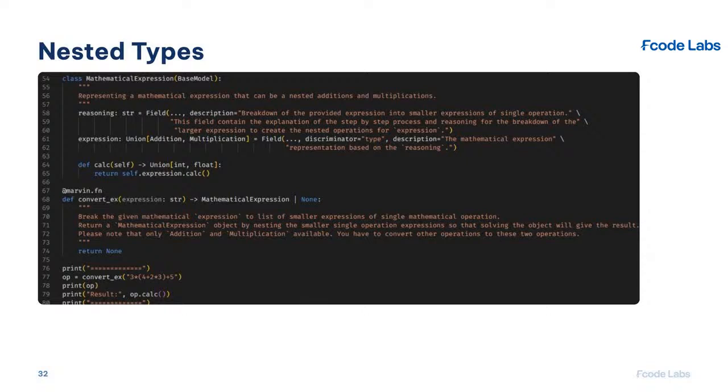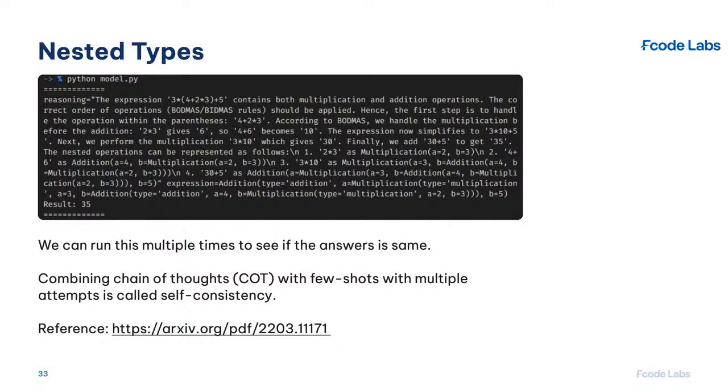This model I actually ran with GPT-4, not GPT-3.5. You can maybe tweak the description a little bit and make it work with 3.5 also. So if we run this model with GPT-4, it's going to generate this output, explaining its reasoning. It says we have to follow BODMAS rule.